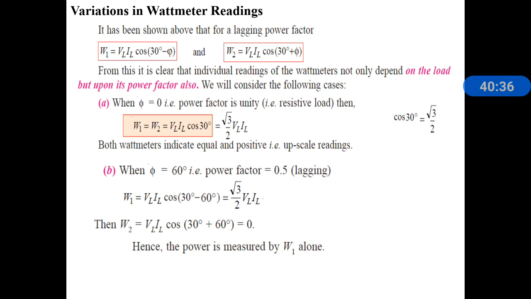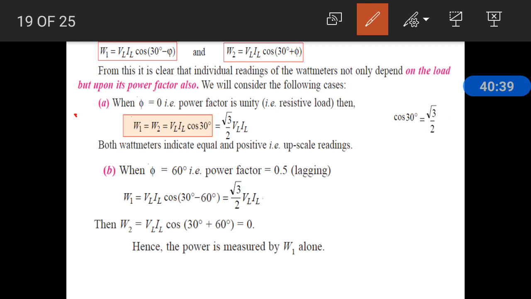So the first condition: when phi equal to 0, that means cos 0 equal to 1, that means the power factor is unity. When the power factor is 1, what happens to the readings? W1 equal to VL IL cos (30 minus 0), that means cos 30. W2 equal to VL IL cos (30 plus 0), that also is cos 30.